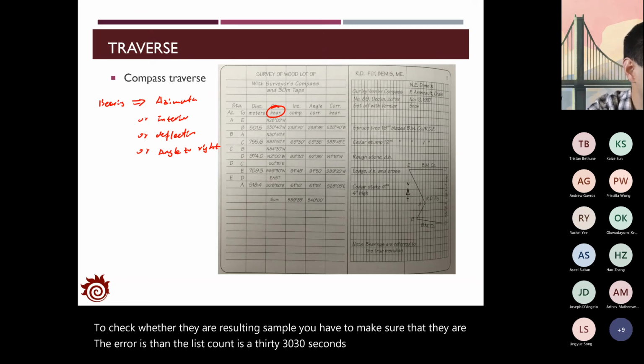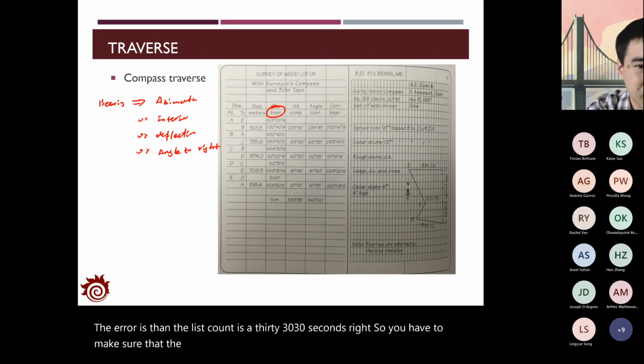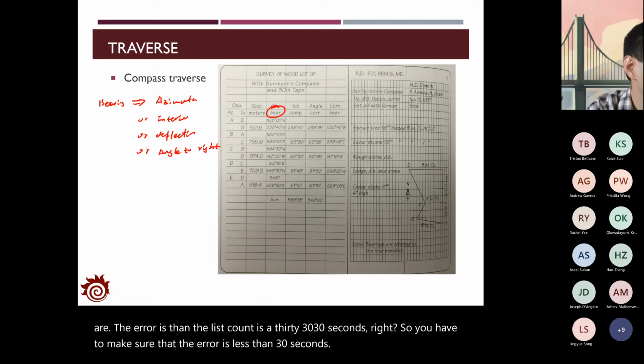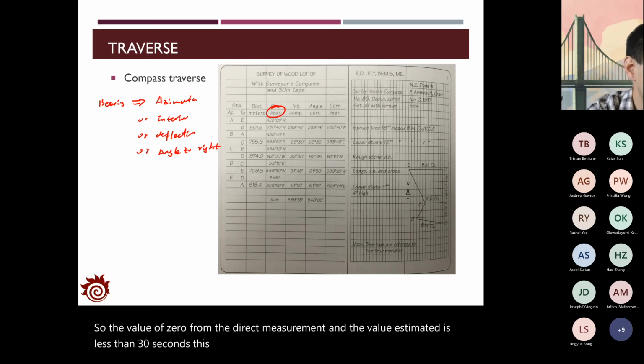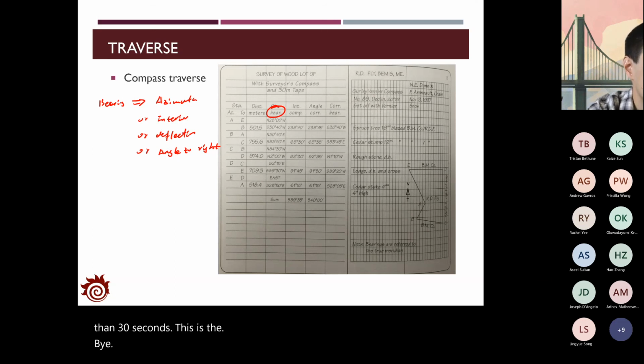So you have to make sure that the error is less than 30 seconds. So the difference between the value you observe from the direct measurement and the value you estimated should be less than 30 seconds. This is related to the precision or resolution of the instrument.